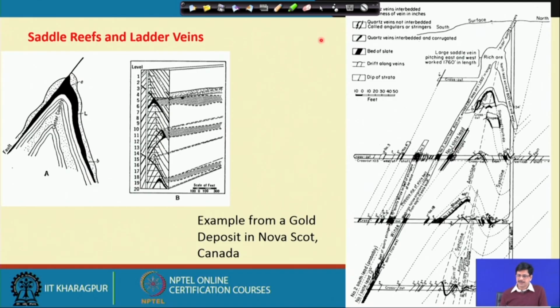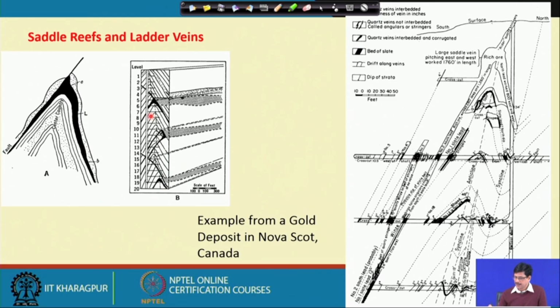And these are some of the very typical features in deformed terrains. This feature is called the saddle reef, which almost mimics the saddle which is put on the back of the horse, for people who ride the horse. Here it's a sketch of how the hinge part of the fold is where there is maximum accumulation of the ore, and such features are observable.